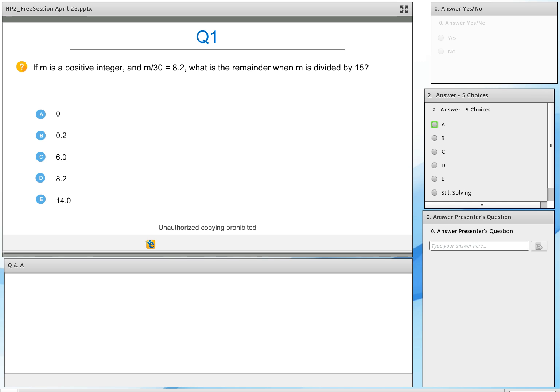All right, I'm going to end the poll now. The correct answer here is choice C, which about 54% of the class was able to select.